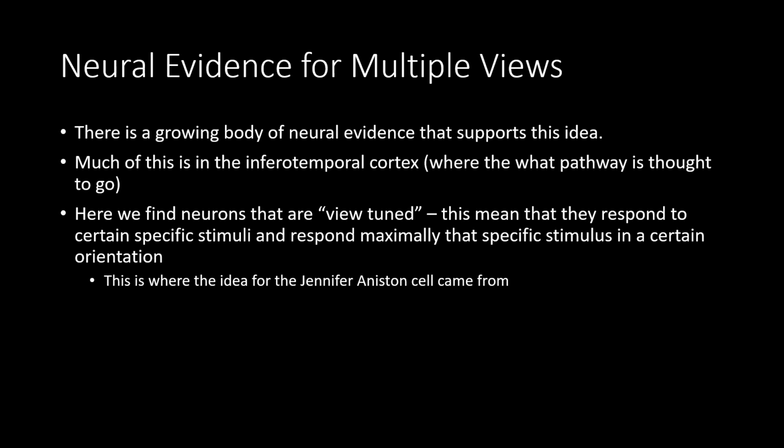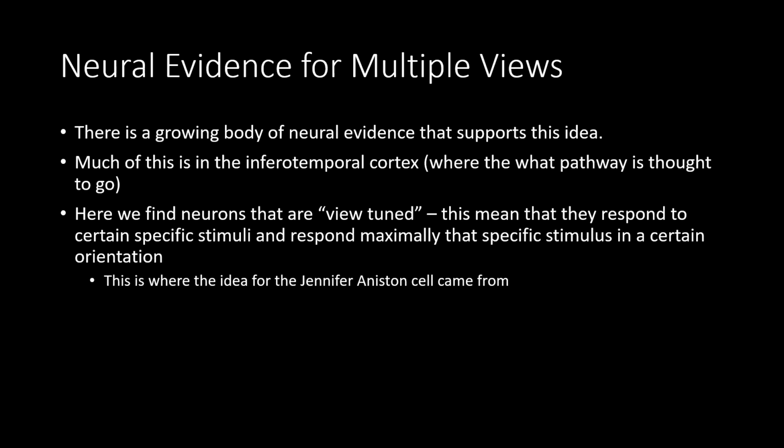And this gives us at least some mechanisms that seem to exist in the brain that follow with this notion of recognition detectors that are tuned to specific orientations of certain objects in the world.